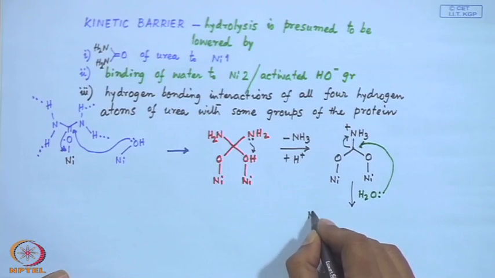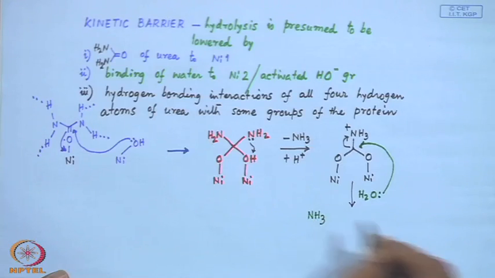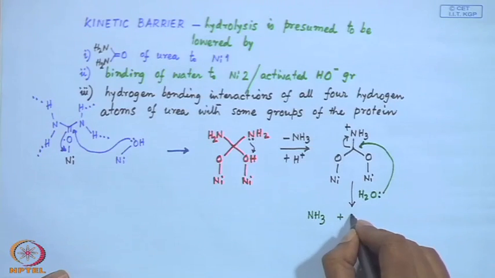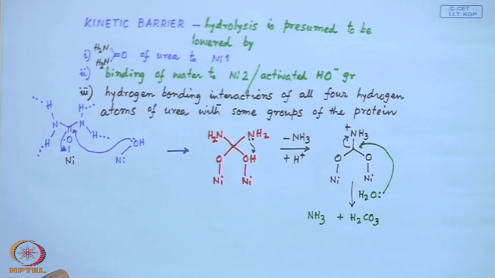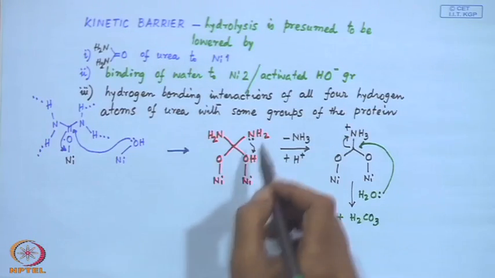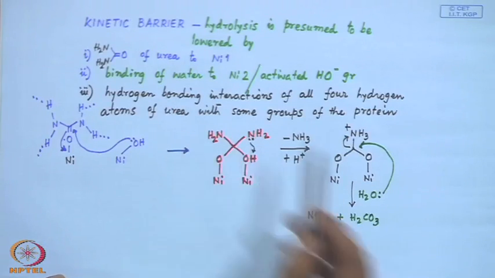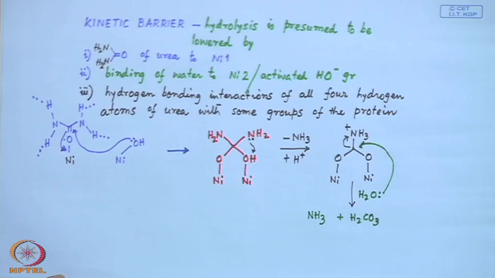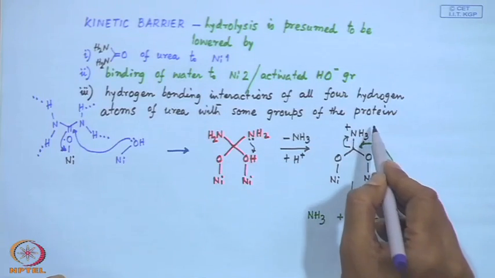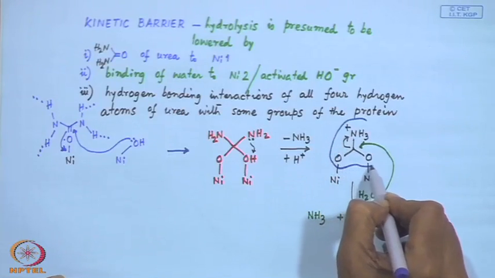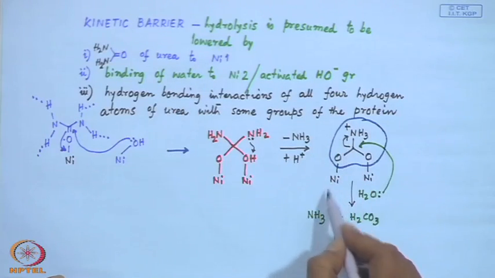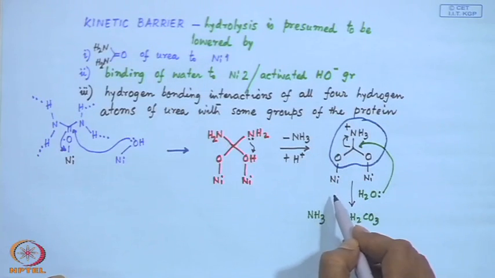So, at this particular point you have NH3 plus H2CO3. The interesting part is that you have the corresponding support, a similar type of carbamylated arrangement which was there on the other side of the nickel.